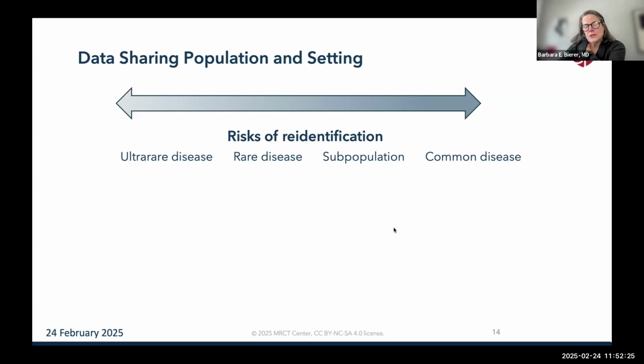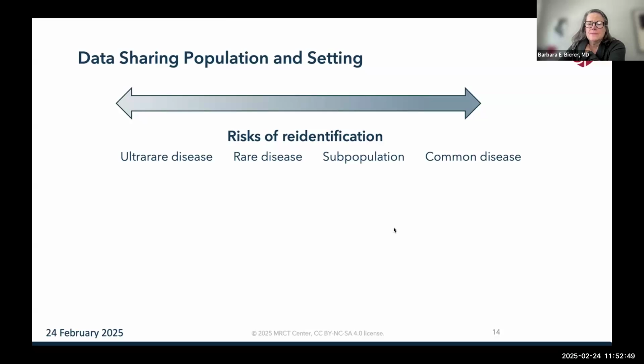That is not only because of how we as scientists and researchers protect the data, but also because of how participants will share aspects of their own lived experience in social media and other public spaces, which makes it easier to re-identify because you can link that data to other data.